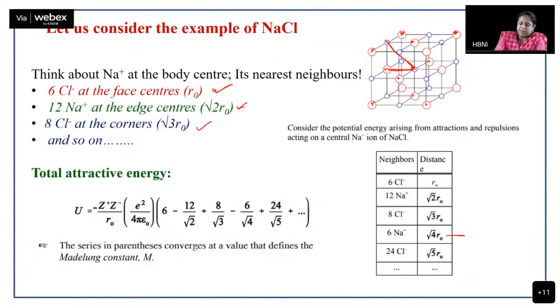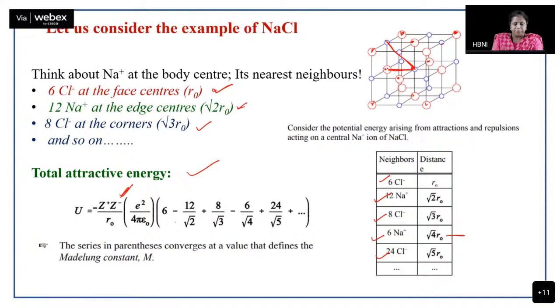So this is how I can calculate different energy terms, and then I sum it up. When I sum it up, because this factor is anyway constant for all the terms, I will take this out, take a minus out, and then I will get this number: 6 minus 12 by root 2 plus 8 by root 3 minus 6 by root 4 plus 24 by root 5 and so on.